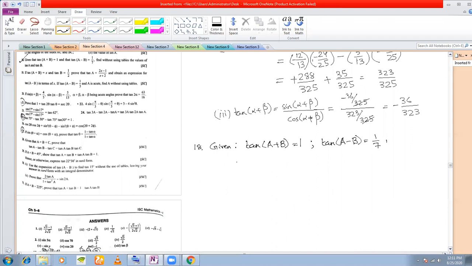Okay, so we start with the first one. So we have tan A plus B is equal to 1. Which means, what is the formula for tan A plus B? Tan A plus tan B divided by 1 minus tan A tan B is equal to 1.